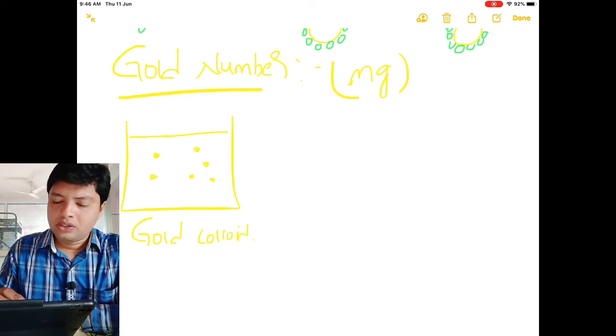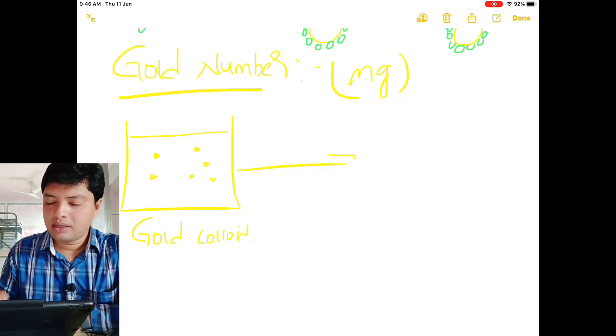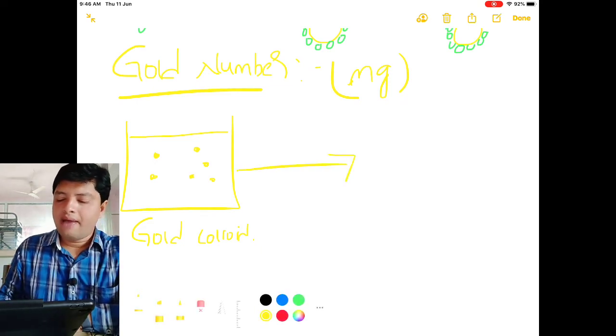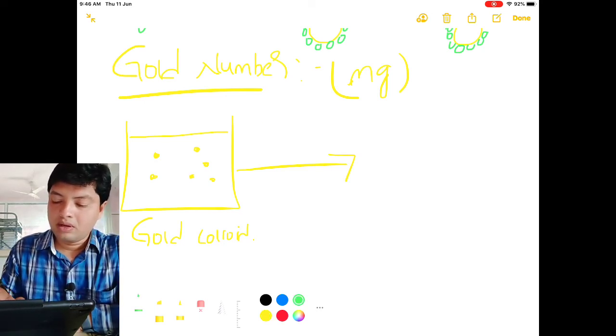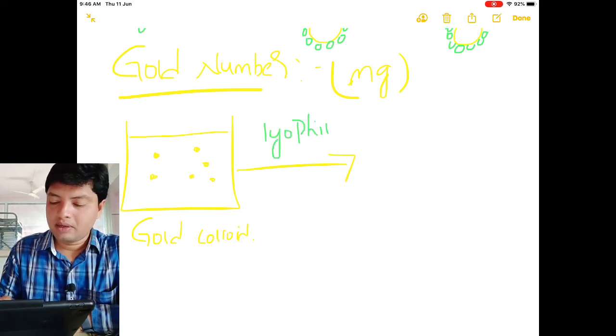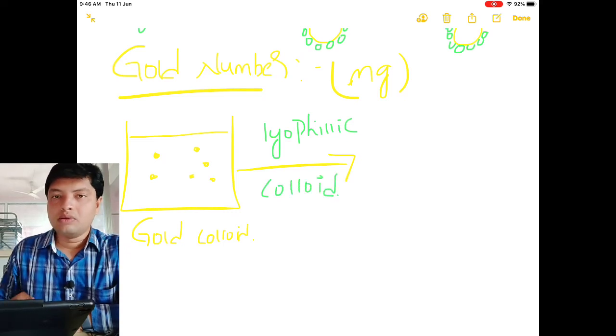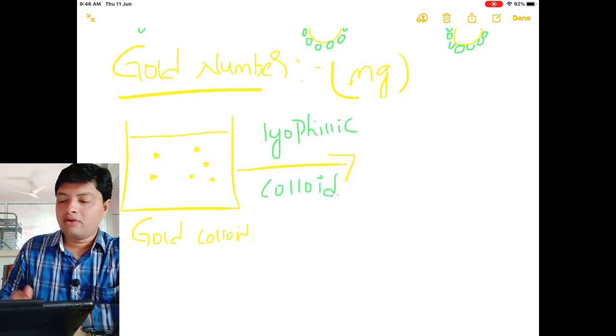Now, to this gold colloid, I will be adding lyophilic colloid.